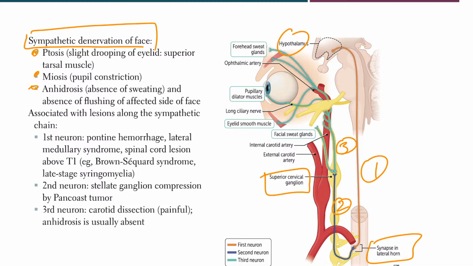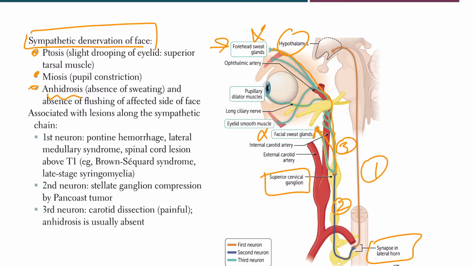If you look at these nerve fibers, they're innervating the forehead sweat gland, the facial sweat gland. So guess what? If you knock out these nerves, you're not going to have sweat glands in the forehead and the face. So you are going to cause anhidrosis of the face and of the forehead.